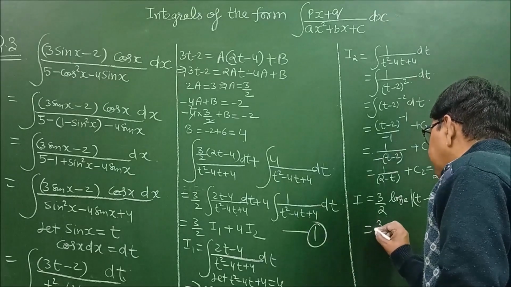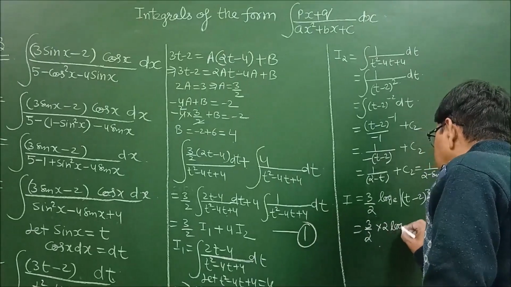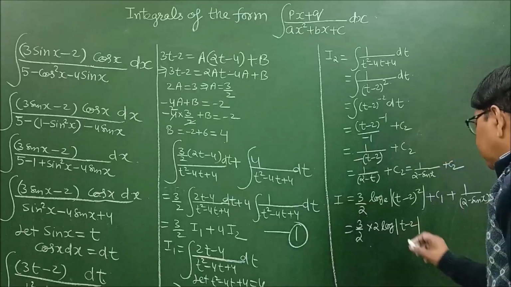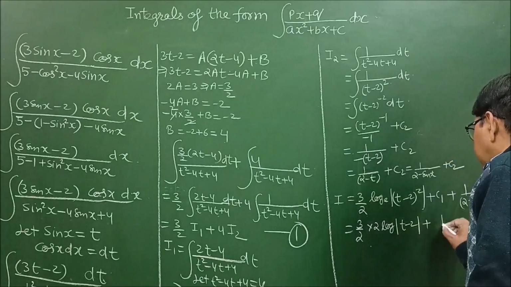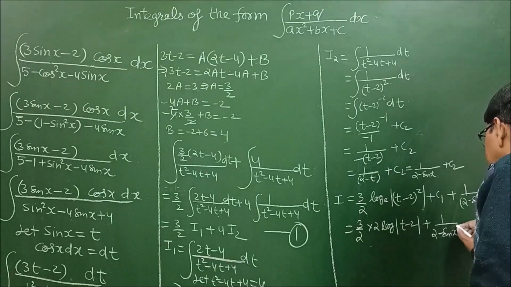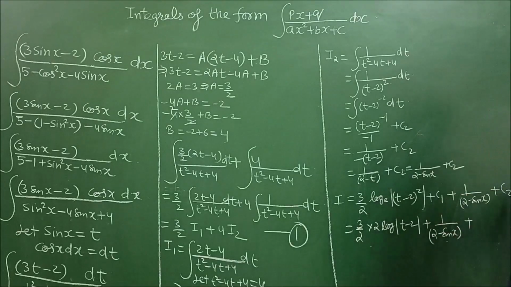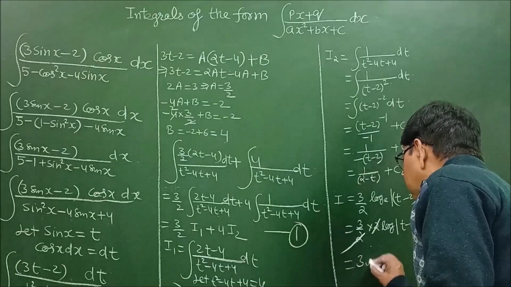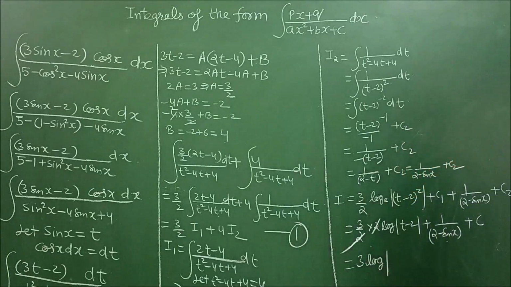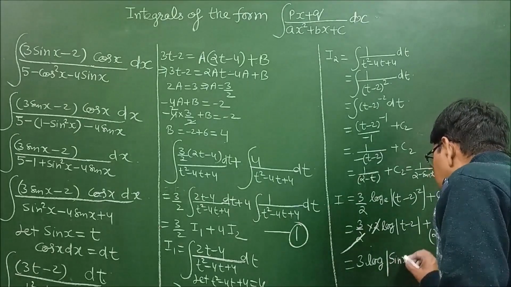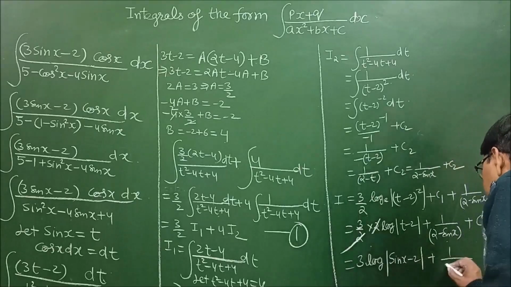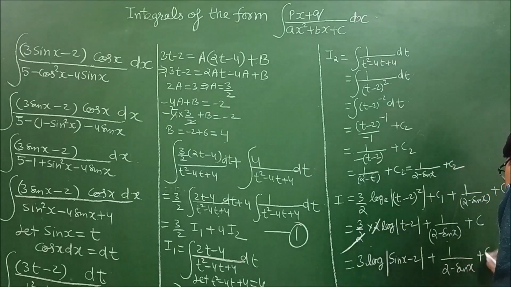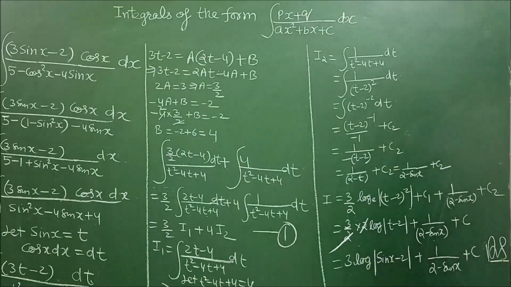Now this is equal to 3 upon 2 into 2 log t minus 2 plus c1 plus c2 plus 1 upon 2 minus sin x. c1 plus c2 can be written as c, and this 2 and 2 get cancelled here, so this is equal to 3 log mod t minus 2, and putting the value of t as sin x, 3 log mod sin x minus 2 plus 1 upon 2 minus sin x plus c. So this is the final answer of the question.